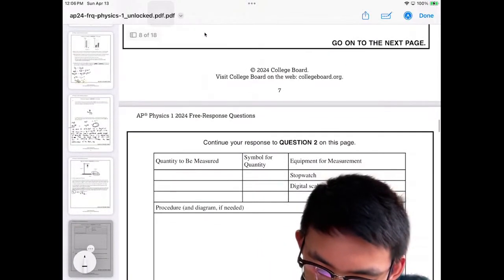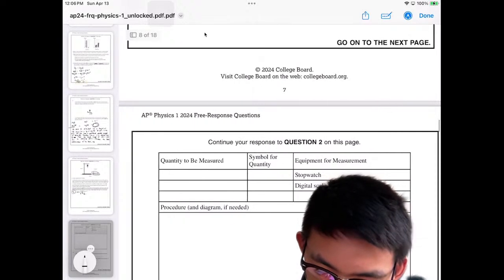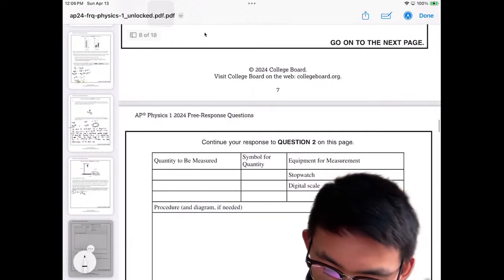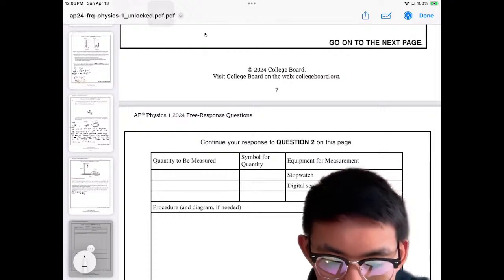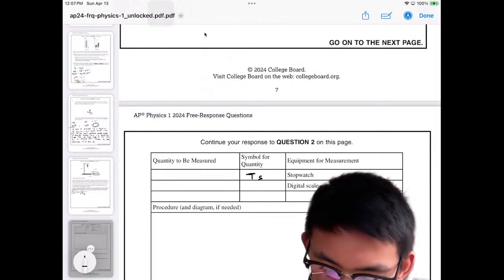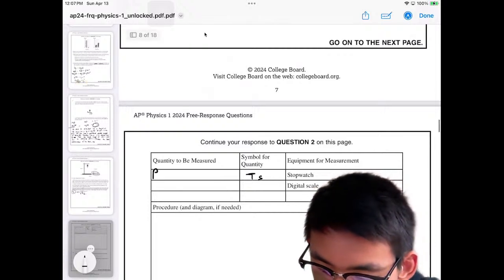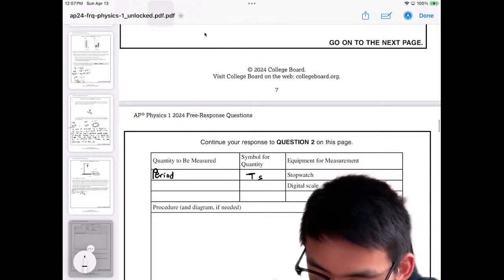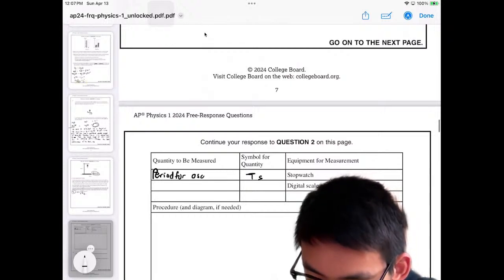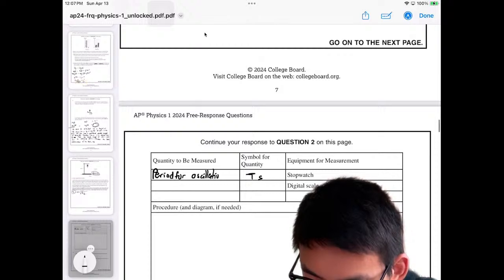What quantity is to be measured? TS, a symbol for the quantity. What is this? This is going to be the period of oscillation.